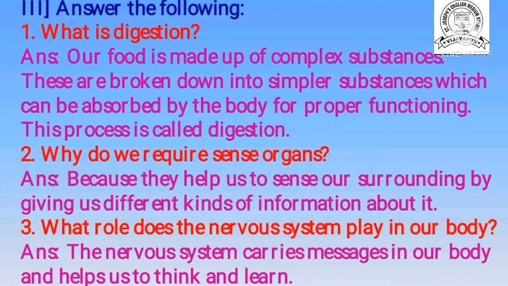First one is, what is digestion? Answer: our food is made up of complex substances. These are broken down into simpler substances which can be absorbed by the body for proper functioning. This process is called digestion.